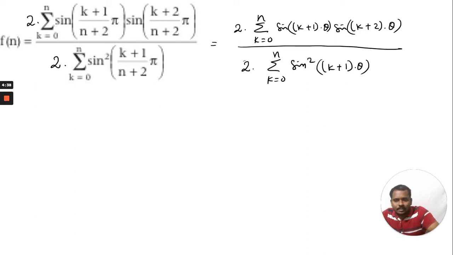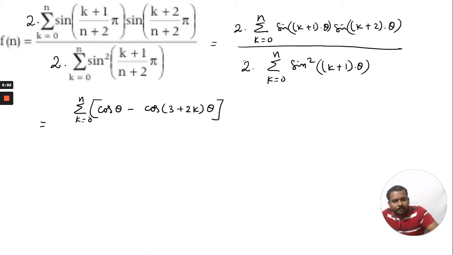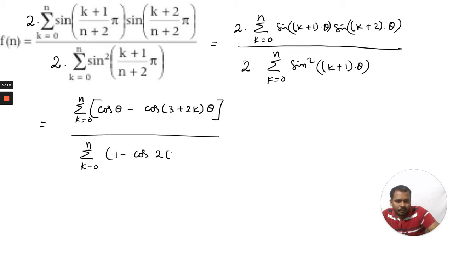So now let's convert this into cos c minus cos d form, that is sigma k equals 0 to n, and we can write this as cos theta minus cos (3 plus 2k) theta, whole divided by sigma k equals 0 to n of 1 minus cos 2 times (k plus 1) theta.